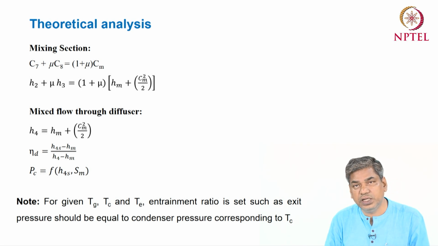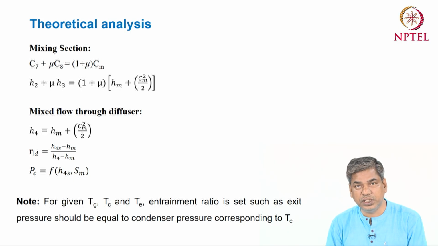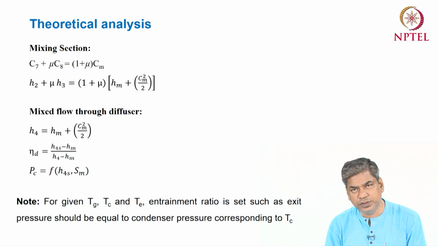Then we can use the energy balance, H7 plus mu H8 equals 1 plus mu into Hm plus Cm square by 2. So these two equations can be used to calculate the velocity after mixing, Cm, and the enthalpy after mixing, Hm. Then we can use the mixed flow in the diffuser. For this case again we can use the first equation to calculate the enthalpy after the diffuser.